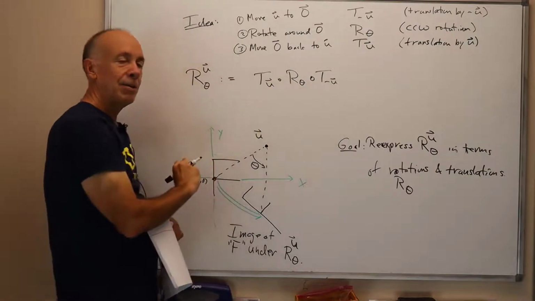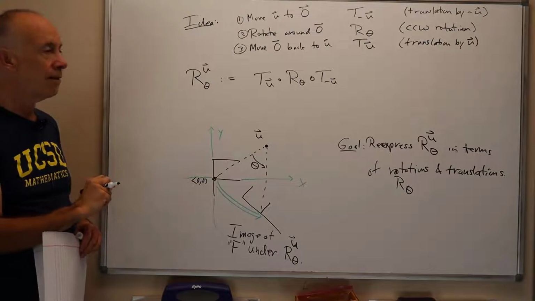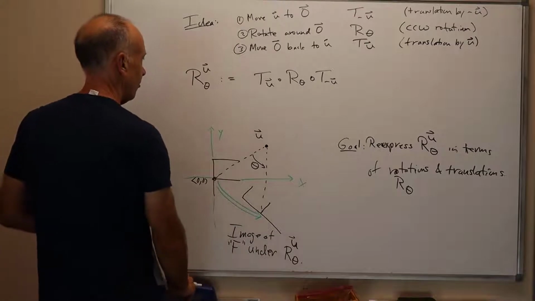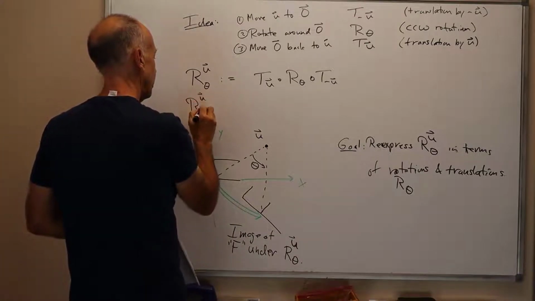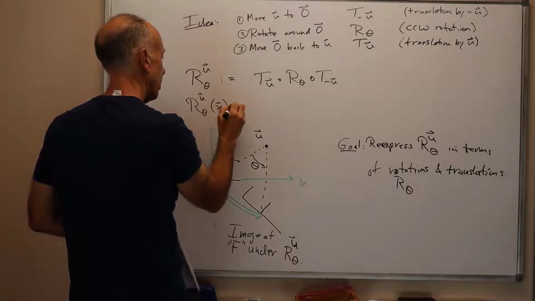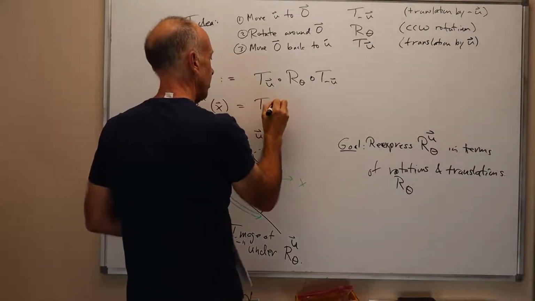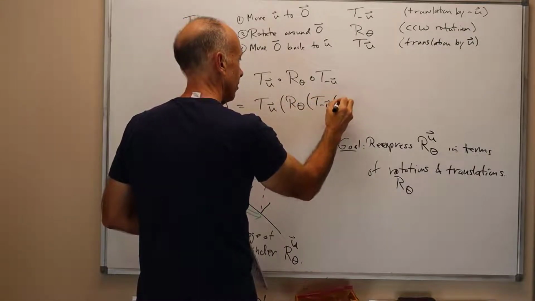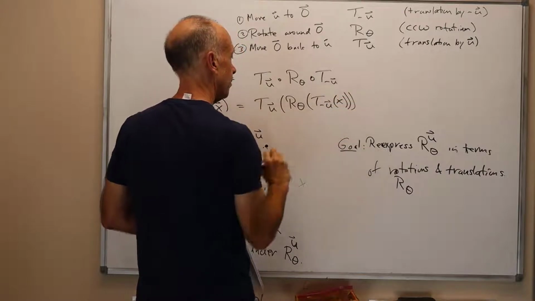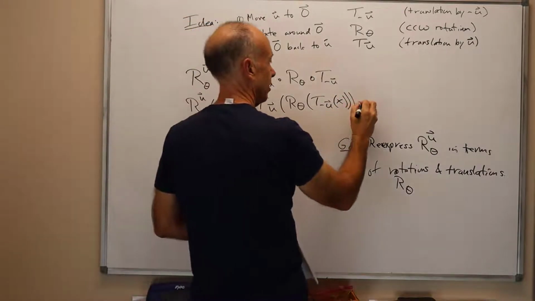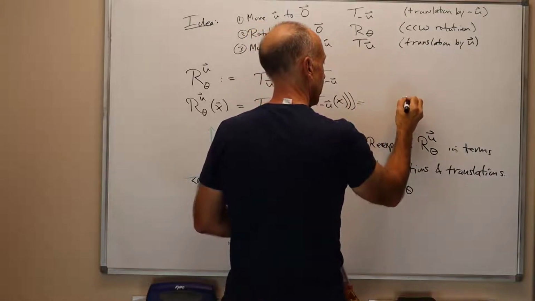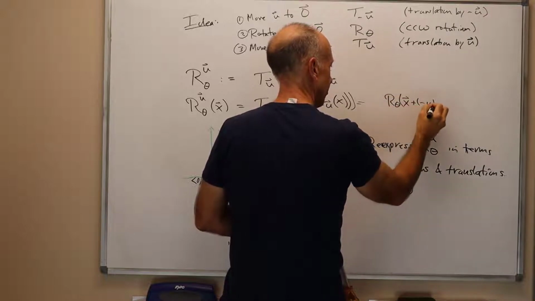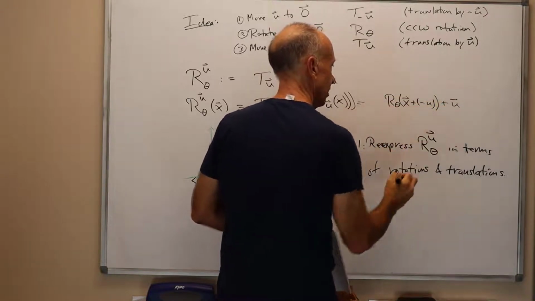So we write these in the opposite order of the way we think of them applying to the point. The reason for this is that r u theta of x is t sub u of r sub theta of t sub minus u of x. If we expand out the translations, that's x plus minus u, rotated, plus u.